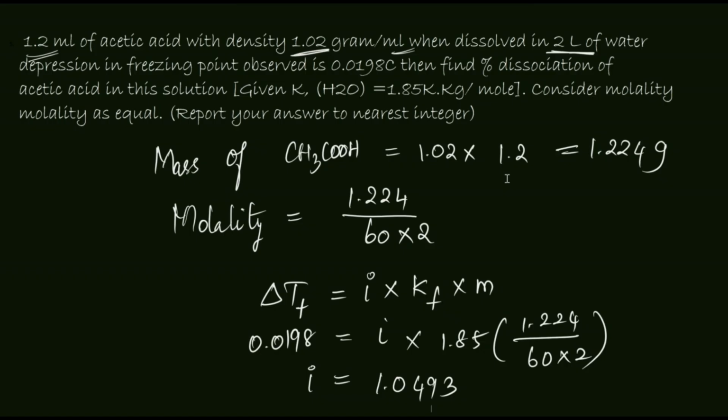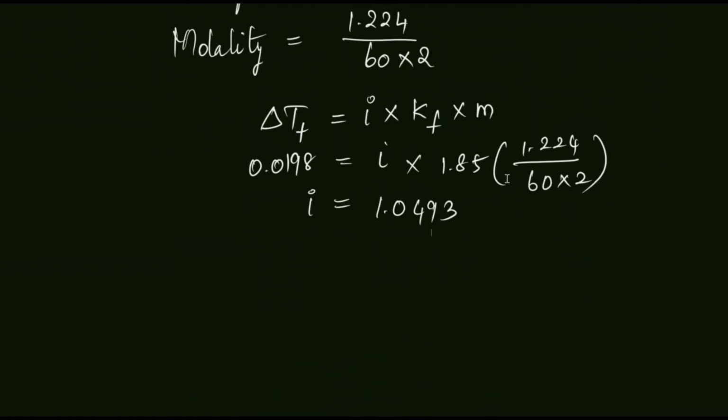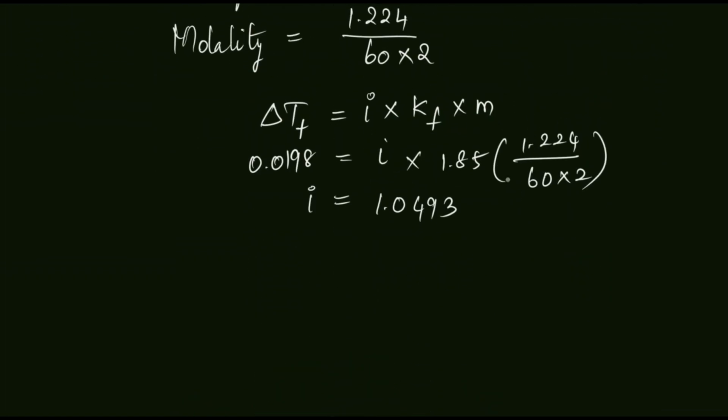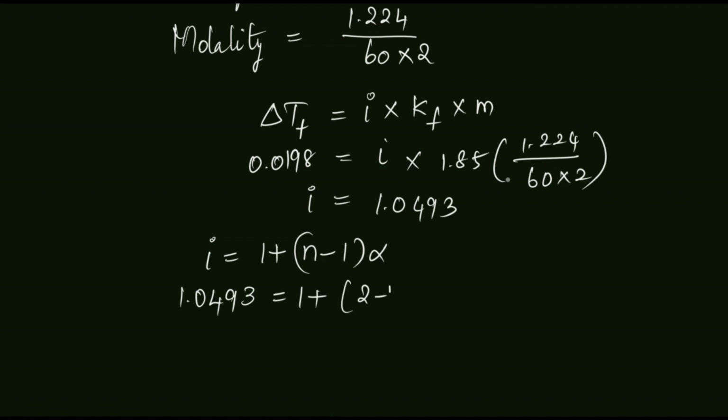They are asking for the percentage dissociation. For finding the i, we know the formula which involves the dissociation value, that is i equals 1 plus (n minus 1) alpha. We know the i value, that is 1.049, equals 1 plus (2 minus 1) alpha.